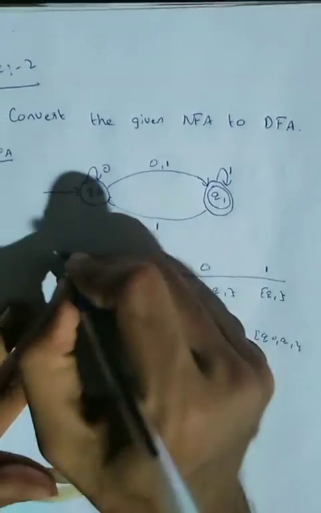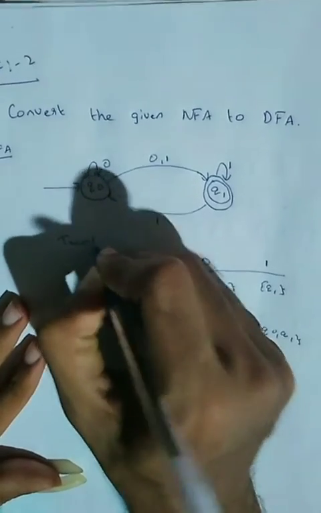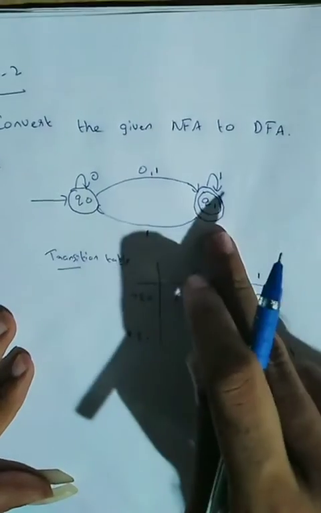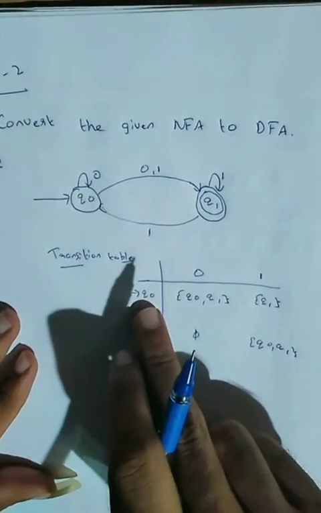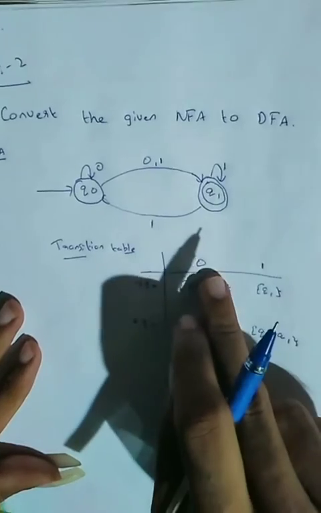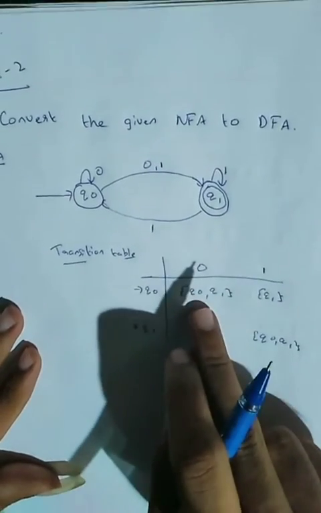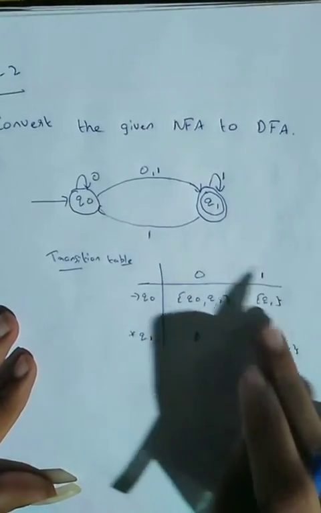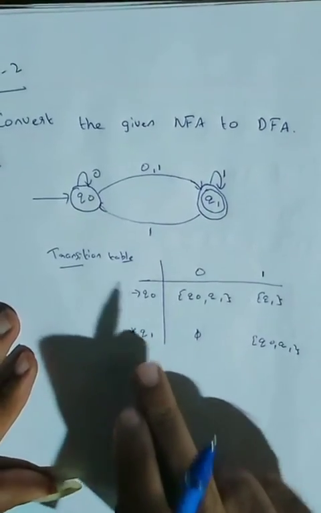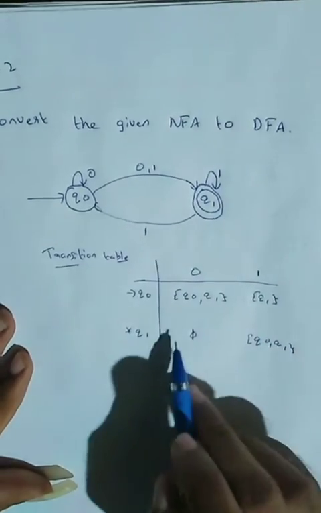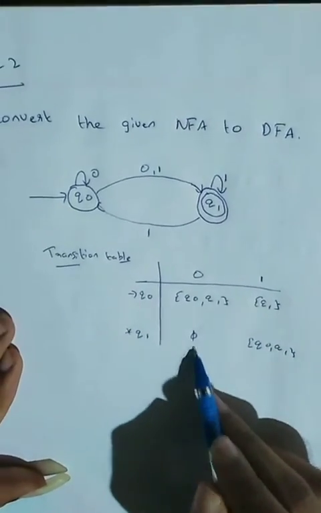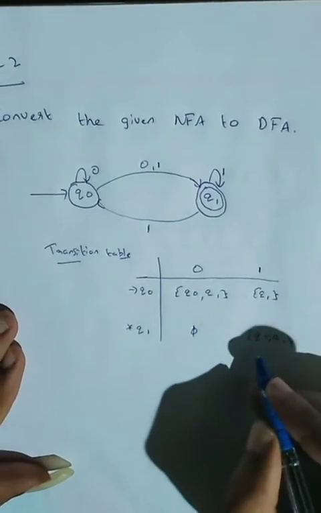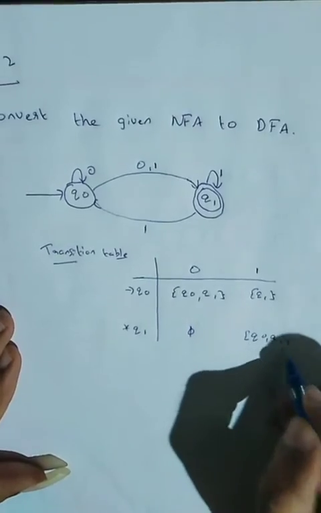On the transition table, for q0 as the state and 0 as the input, we get the states q0 comma q1, and with input 1 we got q1. For q1 as the state and 0 as the input, we got phi as the output, and with 1 as the input, we got q0 comma q1 as the output.